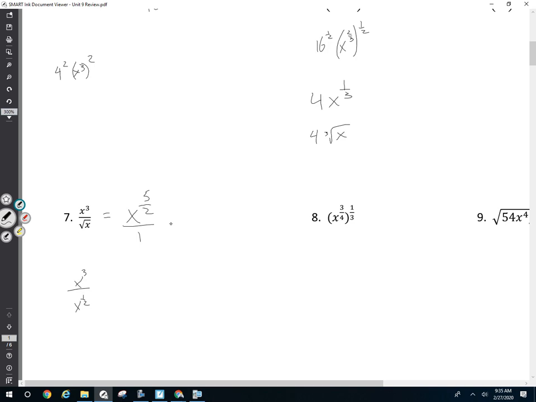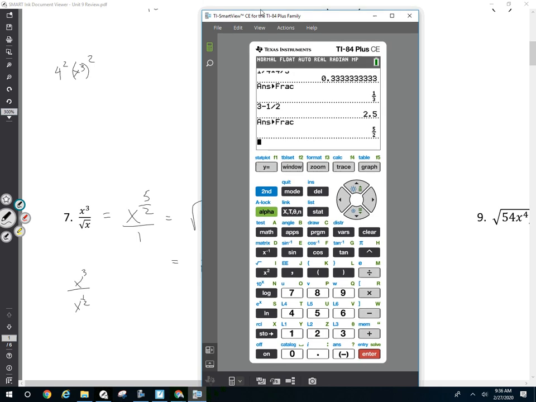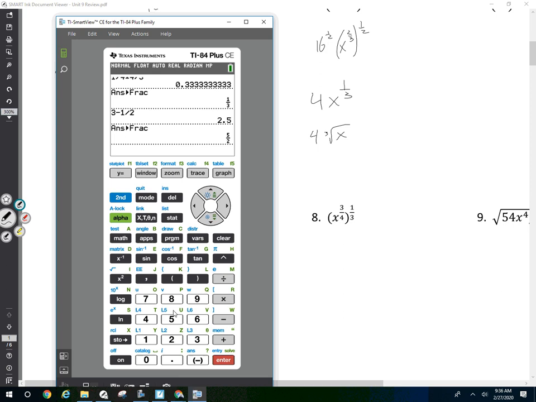You can leave it like that, or we can write it as the square root of x to the 5th. Here, power to a power, just like the other ones, you can multiply 3/4 and 1/3. You get 1/4.